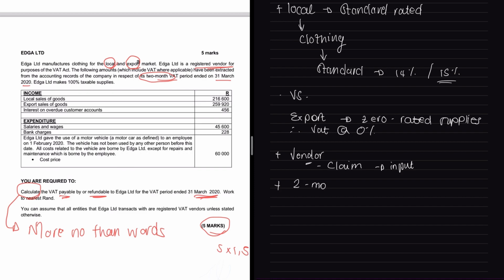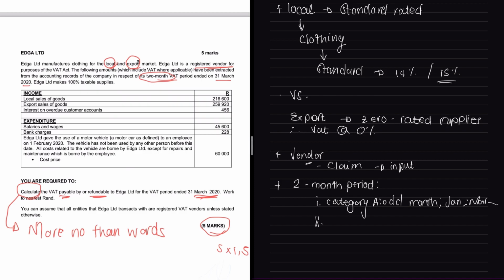So our 2-month VAT period consists of number 1, category A, meaning odd months, such as our Jan, Feb, March, and so on.